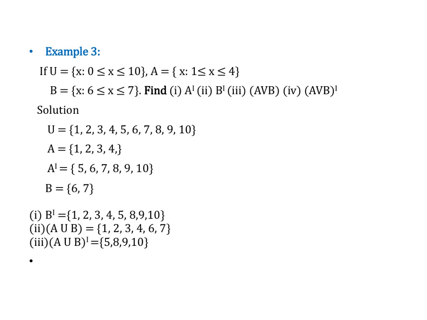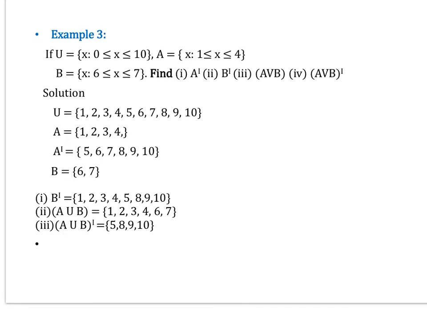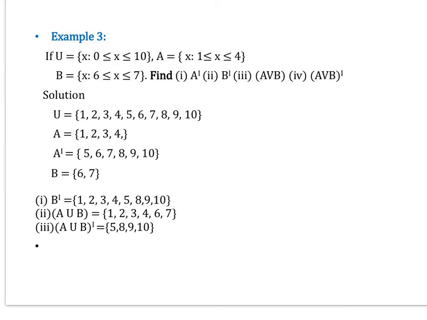We look at example 3. If U is equal to {x such that 0 is less than or equal to x, less than or equal to 10}, and we also have that U is the universal set, equal to {x such that 0 is less than or equal to x, less than or equal to 10}.